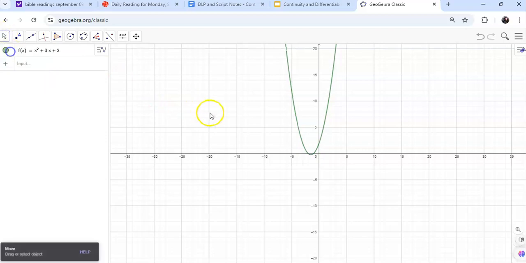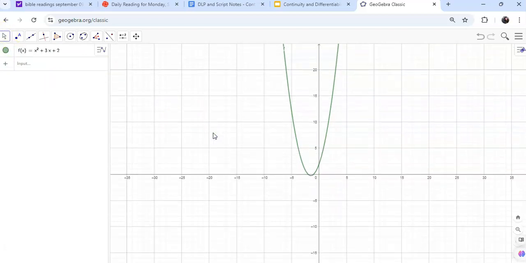This is the graph of the polynomial x squared plus 3x plus 2. Is the graph smooth and continuous everywhere? Let's check for any breaks or sharp corners. Yes, the graph of this polynomial, like all polynomials, is smooth and continuous everywhere.